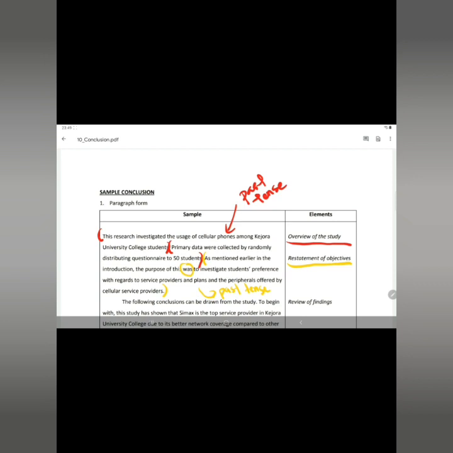Right, so from here you can see there are 3 objectives. 1, service provider. 2, plans. And 3, peripherals. Right. Now, for review of findings, there are 2 ways you can write it. This one is in the paragraph form.